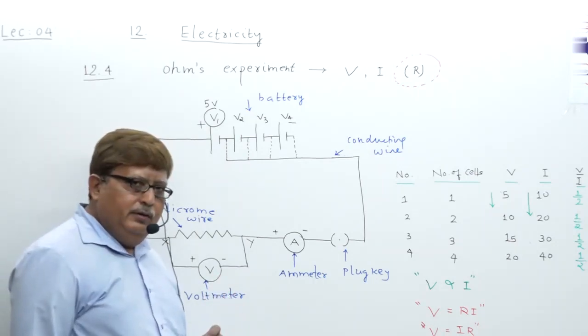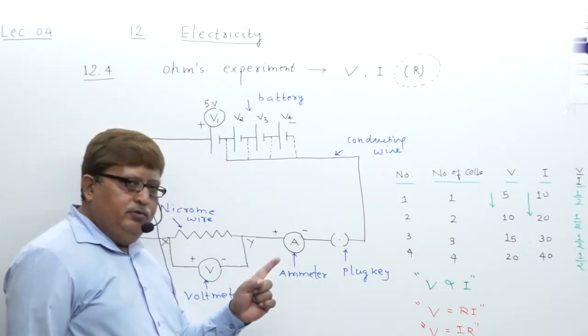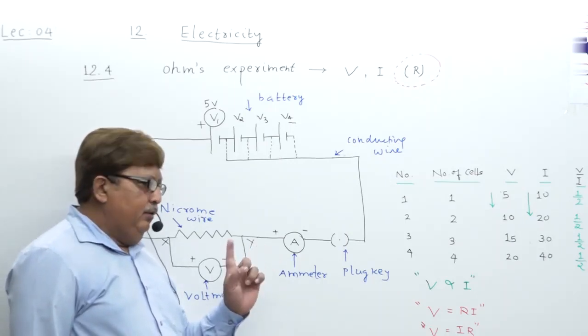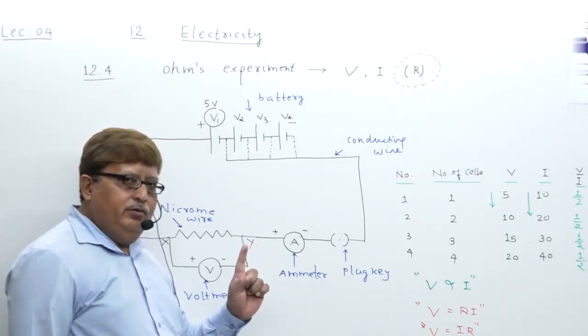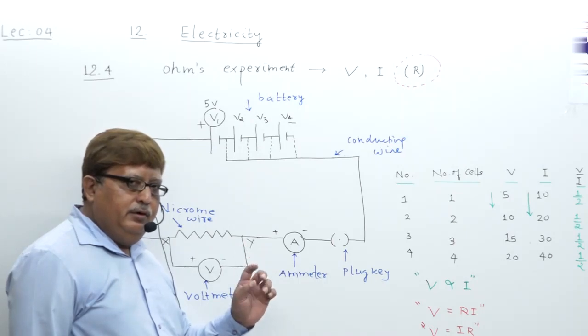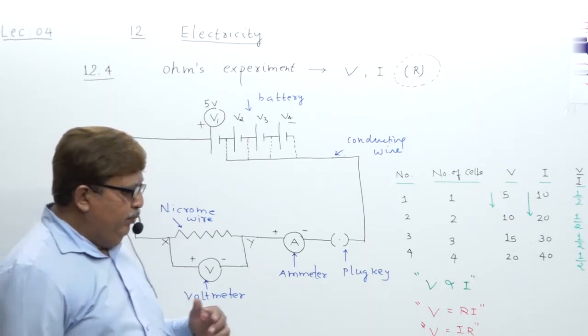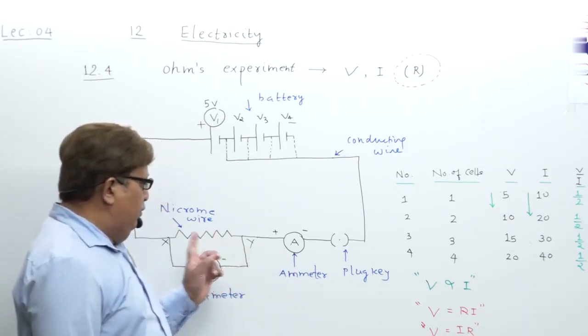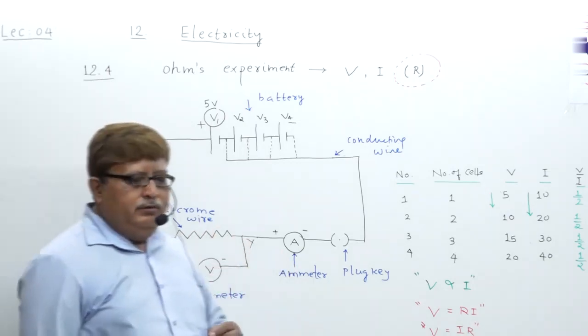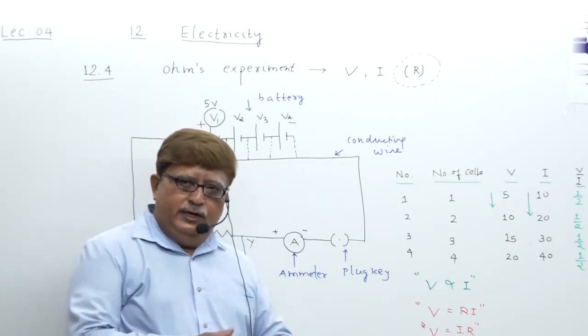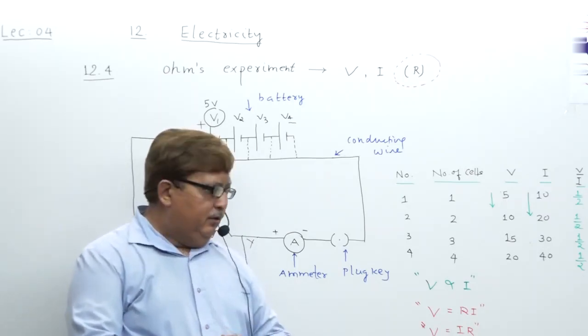Okay, so one thing is clear in your mind. What? That Ohm's law: current passing through a conductor is directly proportional to the potential difference across two ends of the conductor.